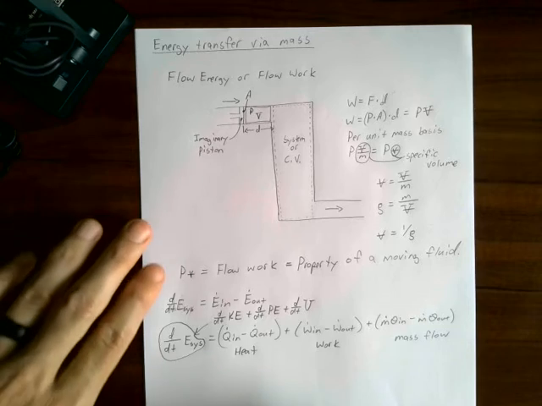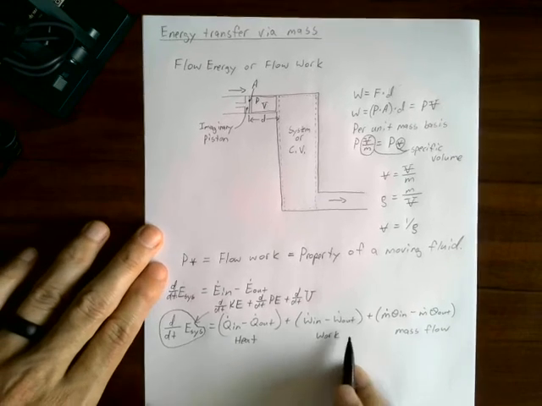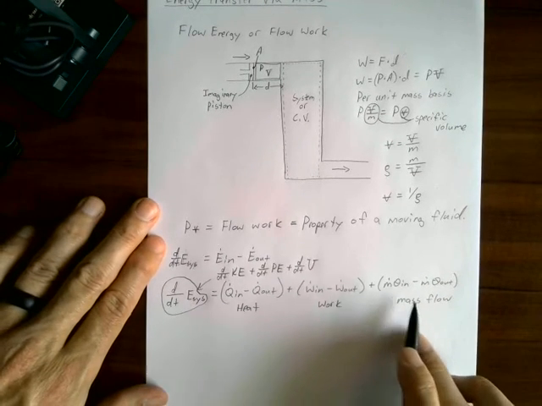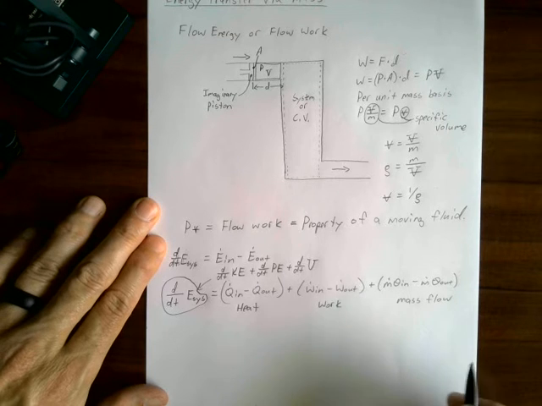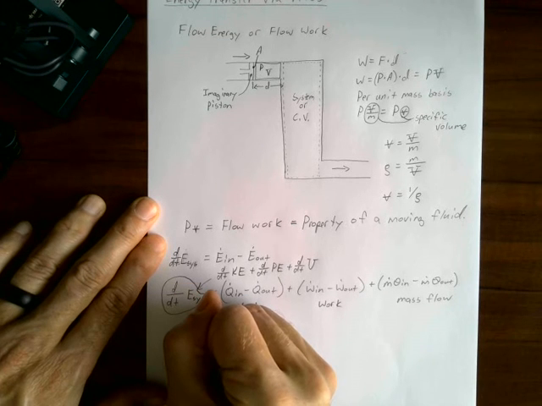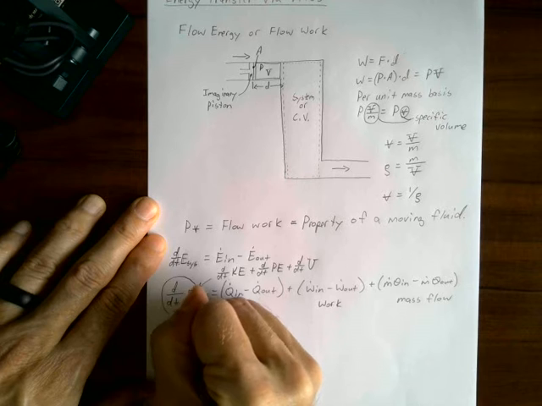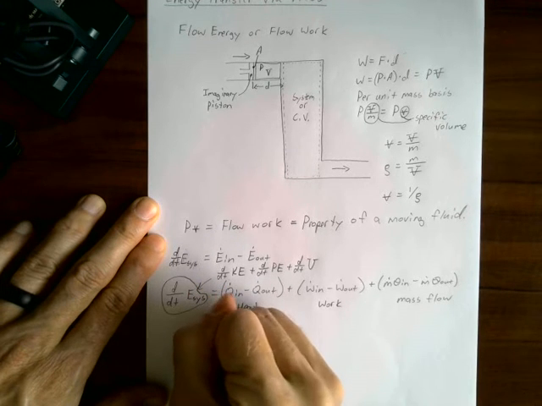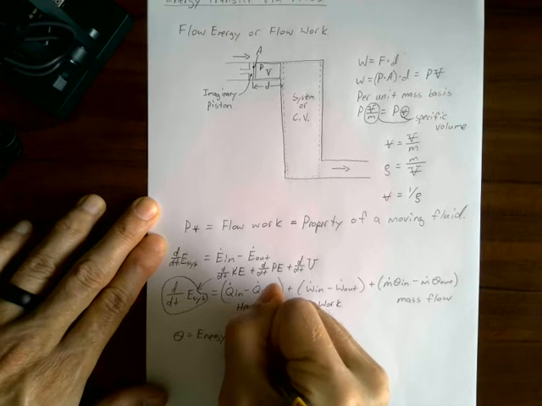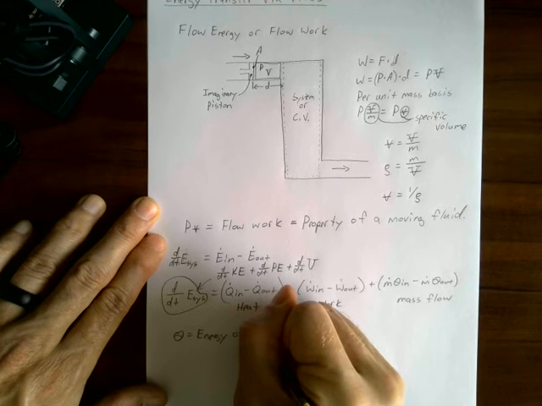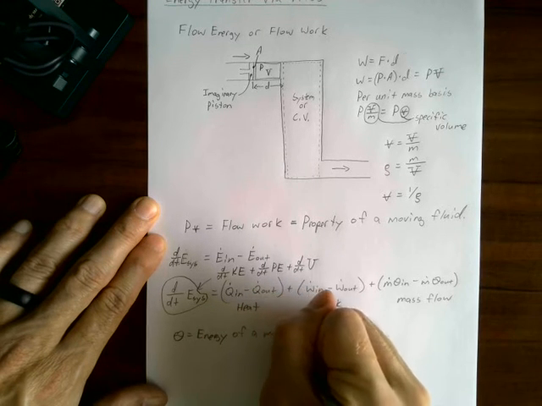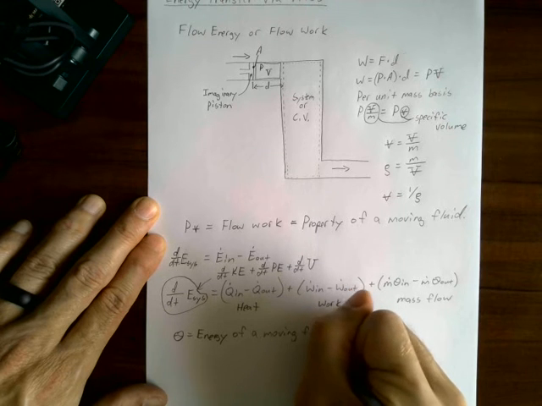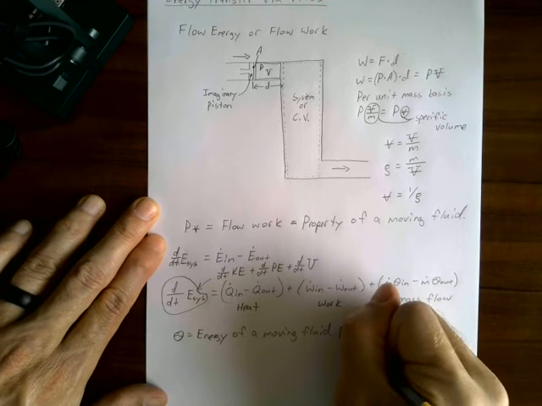Okay, and we've already sort of discussed what heat and work was. So the energy via mass flow, this term theta, is going to be the energy of a moving fluid per unit mass.